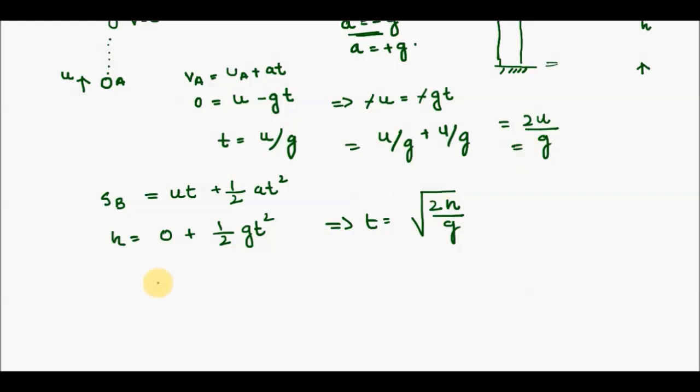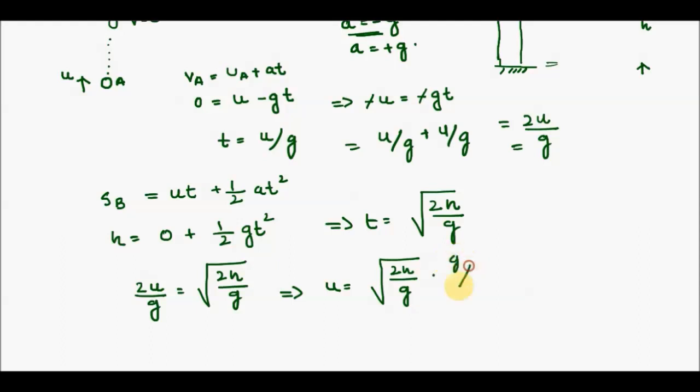So I can write twice u over g as equal to square root of 2h over g, right? So my u will come out to be simply square root of twice h over g into g by 2, right?